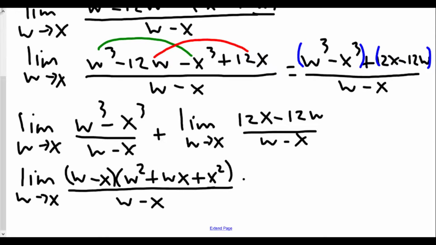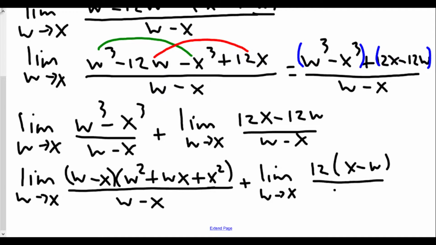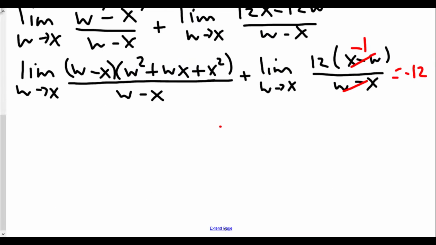And that's one limit, plus the limit as w approaches x of 12 times x minus w over w minus x. Now, do you need to write these two separate limits? No, I did because it's a little easier to look at each one. For the second one, 12 times x minus w over w minus x, we recognize that these two divide out to negative 1, and so negative 1 times 12 is negative 12.